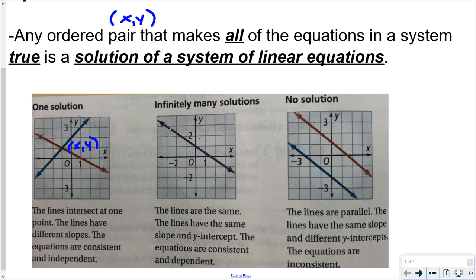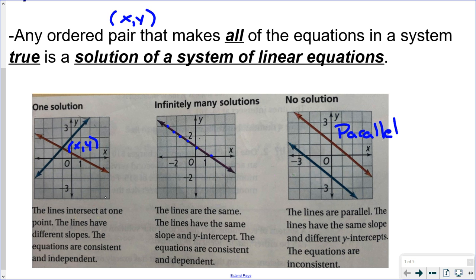Now, if you have two lines that are the same, so let's say you have two equations that really are the same thing, just written in different forms, and you graph them and you get the same line, then that means there are infinitely many solutions, because every XY ordered pair on the line will be a solution to each of the equations. Now, if the lines don't cross at all, in other words, if they are parallel, then that means there is no solution to that system of equations. They have no XY ordered pairs in common.